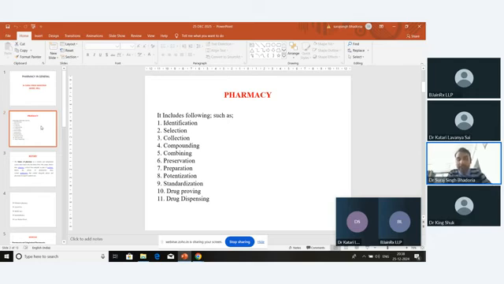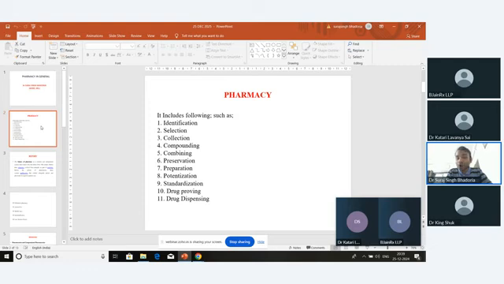the pharmacy. As we know, pharmacy is a branch of science which deals with so many parameters related to the identification of drug substances, selection of drug substances, collection from various parts of the sources for preparing the medicine, compounding, combining effect, preservation of such drug substances, preparation, potentization, which is a very unique feature in our homeopathic pharmacy, standardization, which means quality control, the quality assessment on both the quantitative as well as the qualitative analysis, drug proving, homeopathic pathogenetic trial, and drug dispensing.